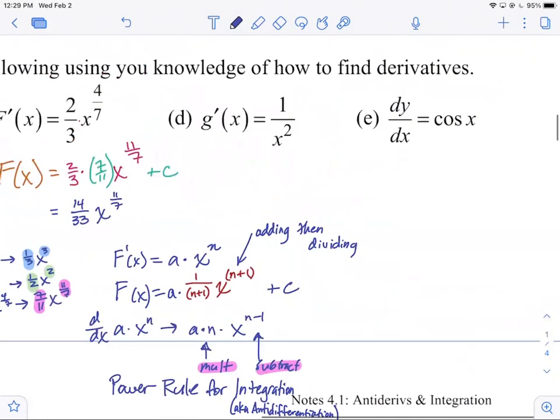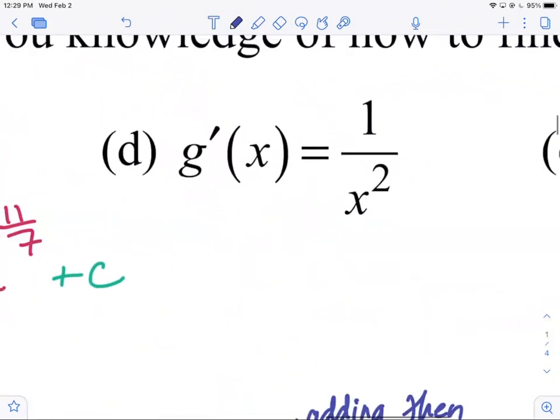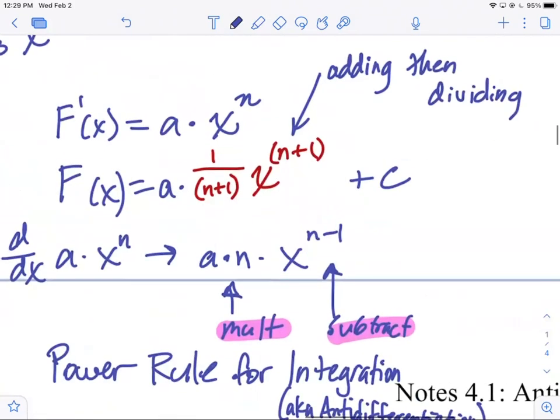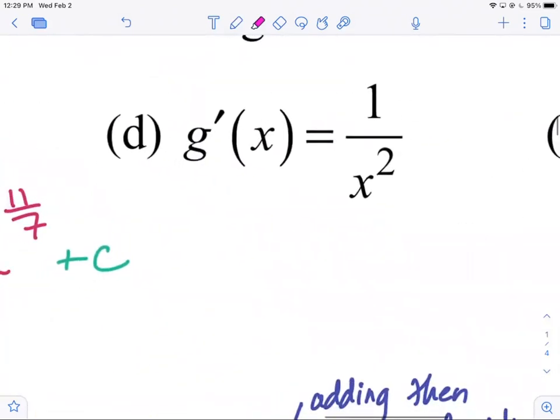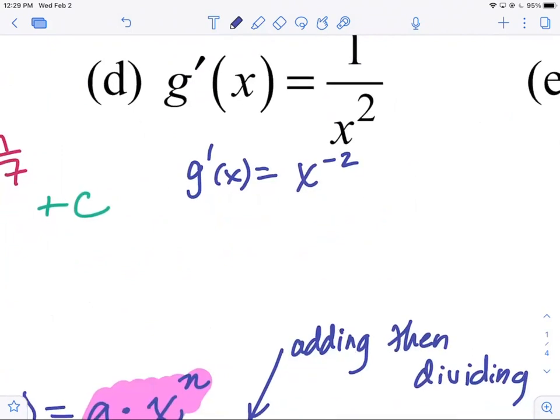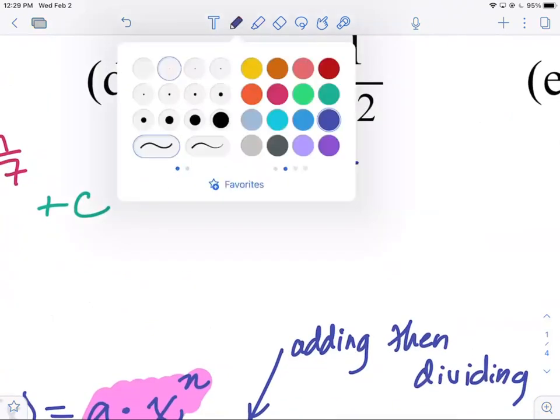Okay. So let's see then if we can implement that here. G prime of x. Well, if I can write it in the form ax to the n, then I can use the power rule, right? So just like if I were taking the derivative, my first step would be to rewrite it as 1 times x to the negative second, or just x to the negative second. And now I think we're ready to go. So here we are.